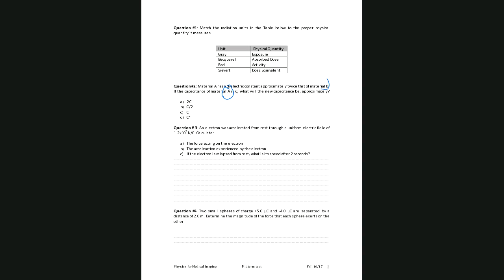Now, the missing piece of information that I did not give to you, let me go to the whiteboard here, is that C0A is the same as C0B. That means the initial capacitances at the beginning, so basically the geometry of the gap and the area, are the same. I did not tell you that in the question, and because of that, obviously you cannot answer the question.